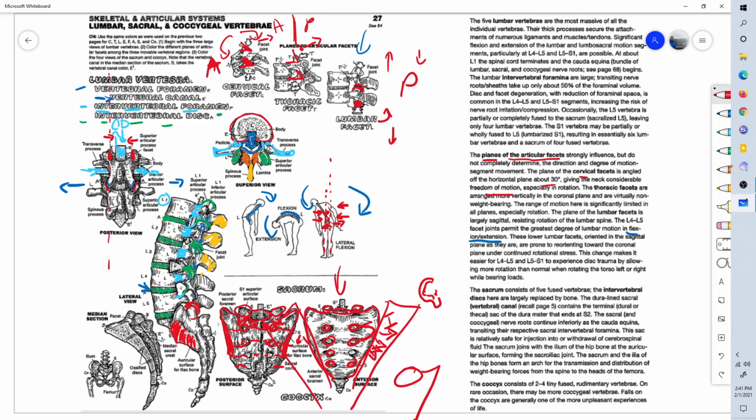Here again is the auricular surface of the sacrum attached to the ilium at the sacroiliac joint, the SI joint. Here's a lateral look of the canal, the vertebral canal, the sacral canal in this area here. The spinal cord runs all the way through there. Not the spinal cord anymore, let's say the sacral nerves.